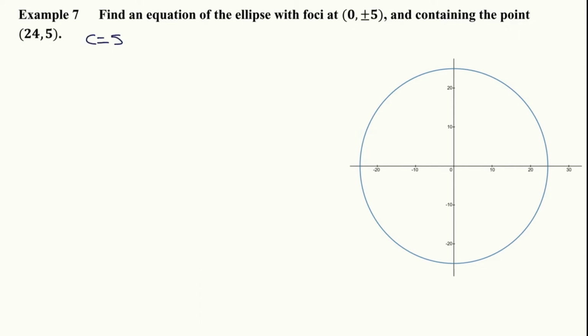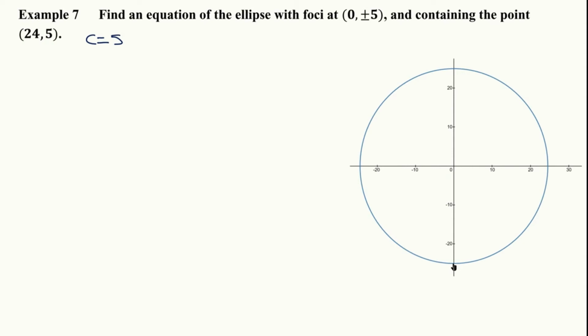We're given one point on the ellipse. Now, we do know a little bit more. We know that since the foci are on the y-axis, this is going to be a vertical ellipse. So in other words, we know that a is going to be a y value, right? So let's see what we can get out of this.